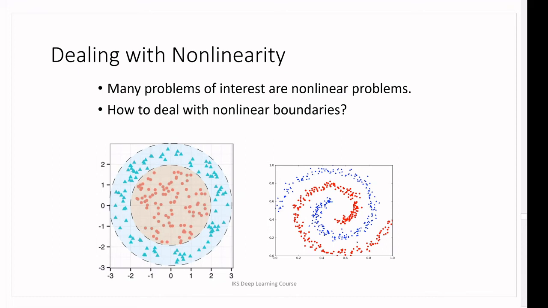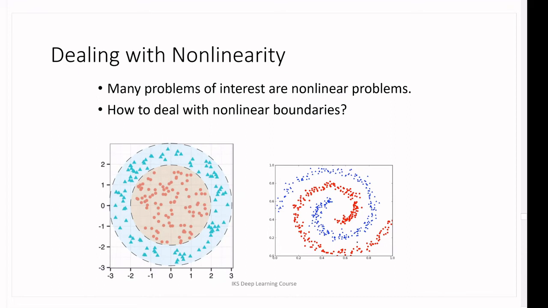On the left-hand side, we have data from two classes such that from class 1, all the points are scattered inside the inner circle, and for class 2, all the points are lying in a concentric ring as shown there.